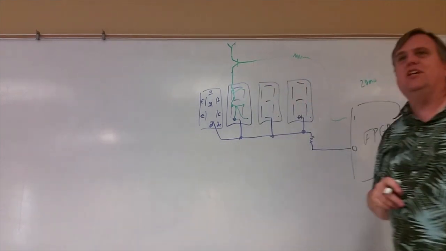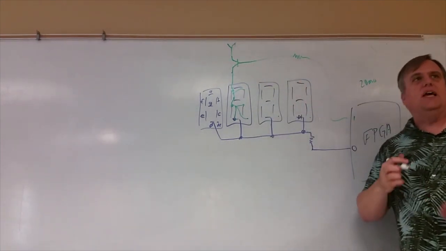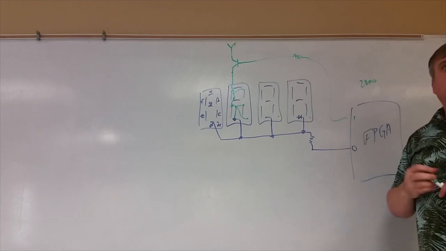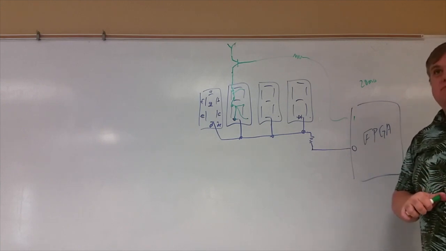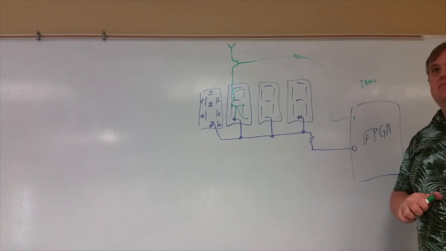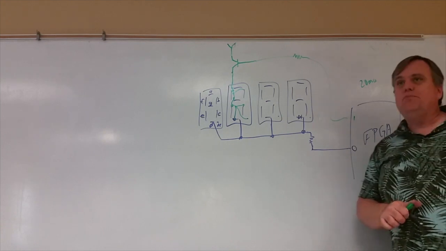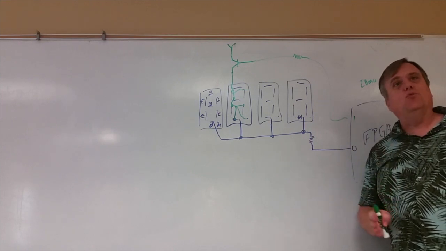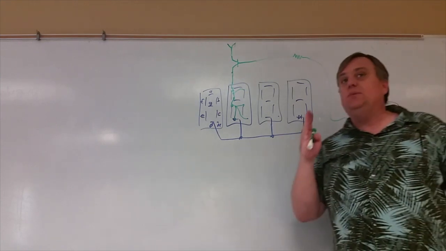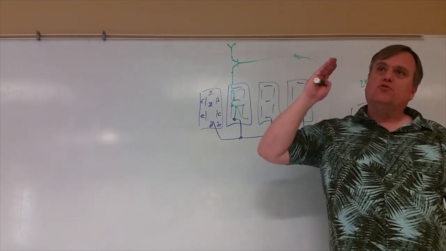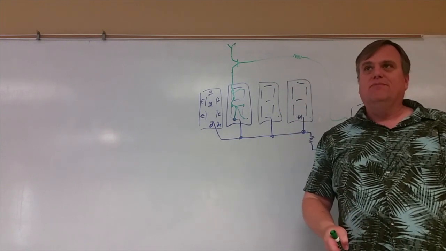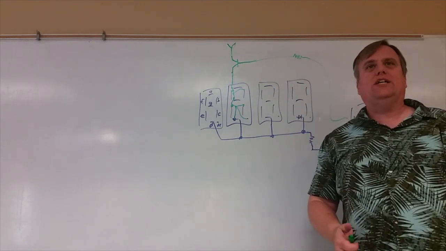I'll just draw generic. Now I haven't specified PNP or NPN, but it makes a difference. It does. So PNP versus NPN, one does a really great job of switching power, the other does a great job of switching ground. The question is which is which.